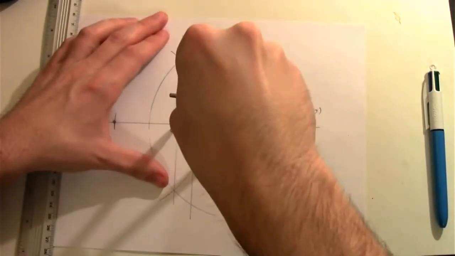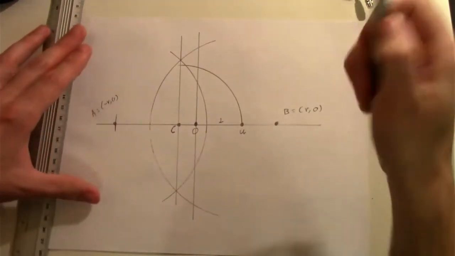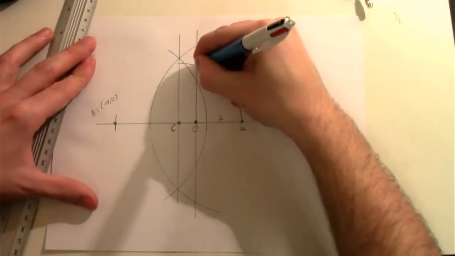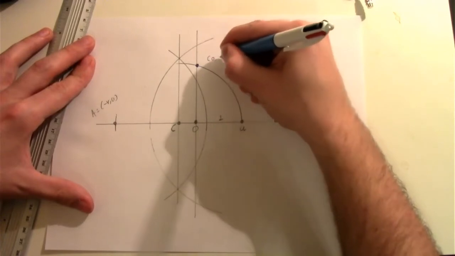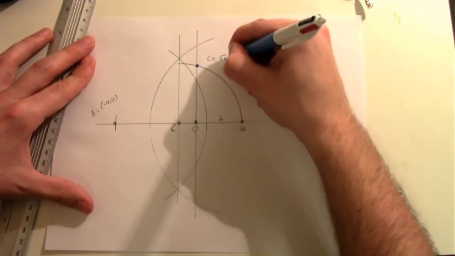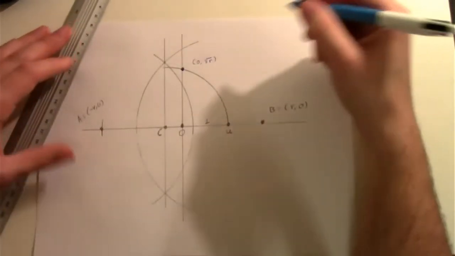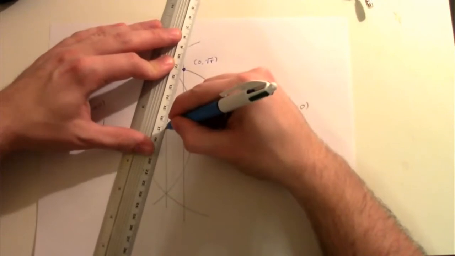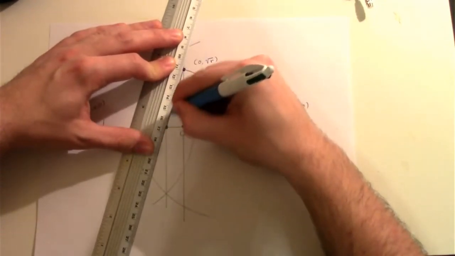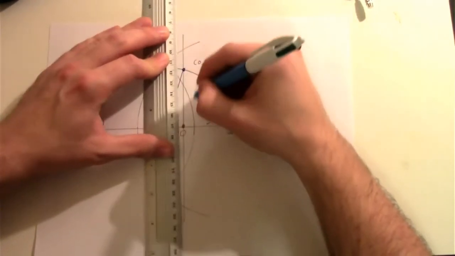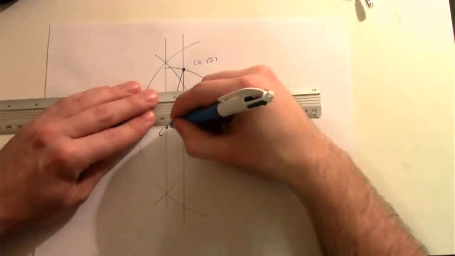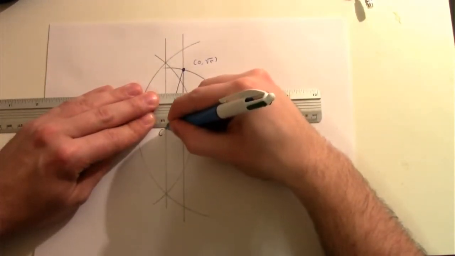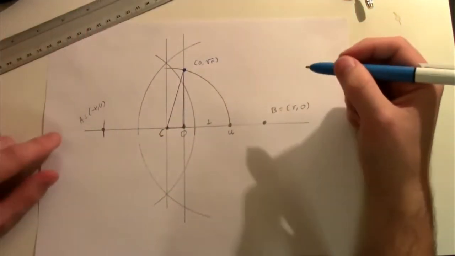And my claim is that this intersection point I've created right here has coordinates the square root of r. So in order to see this, I'm going to form this triangle between these three points here. So I've got my origin, my point C, and this point that I'm claiming here.